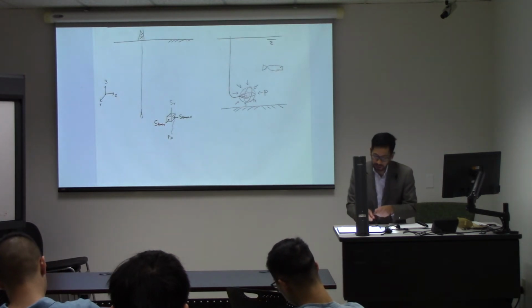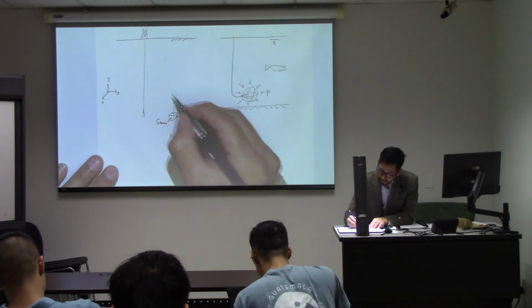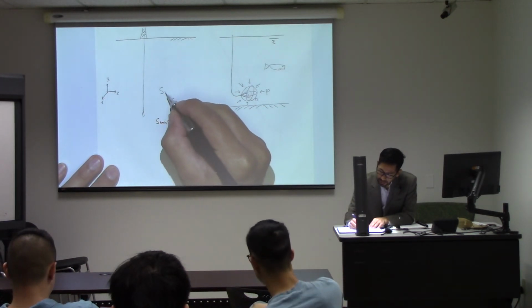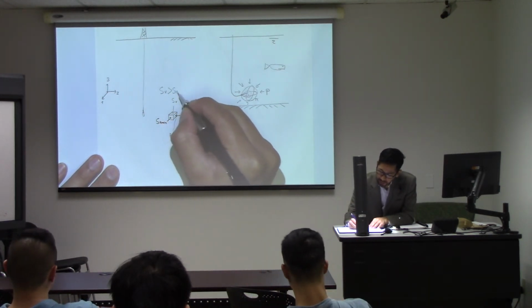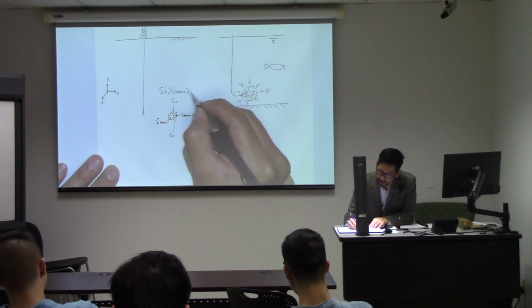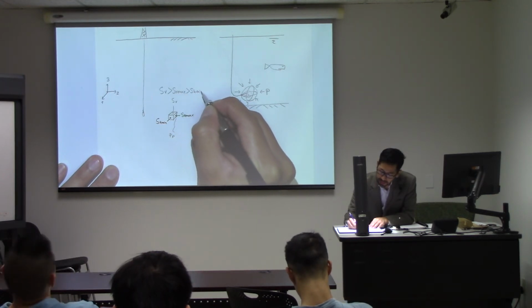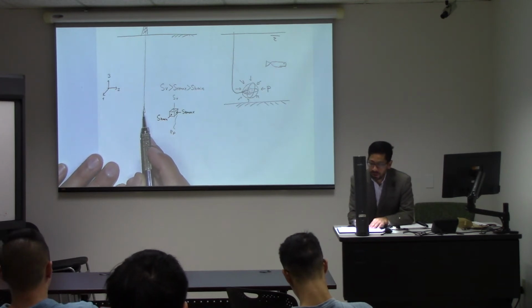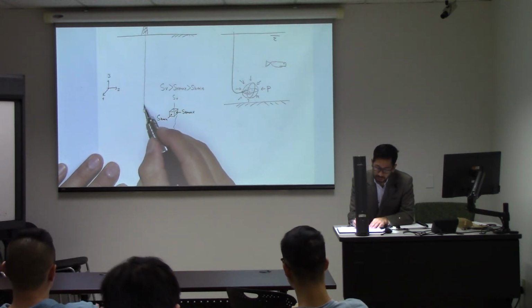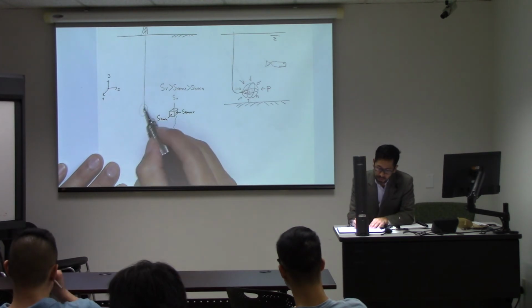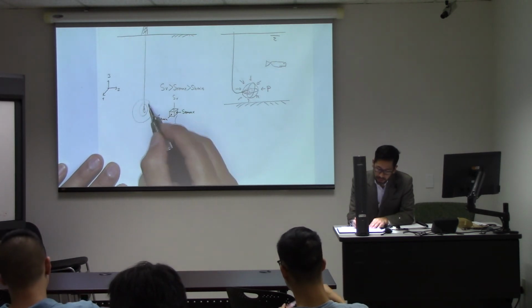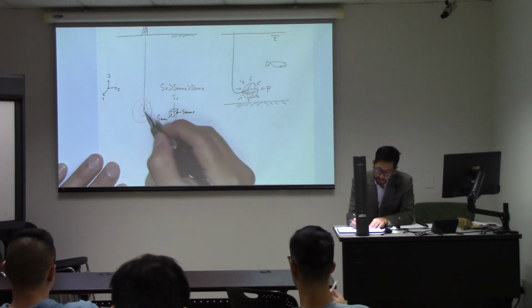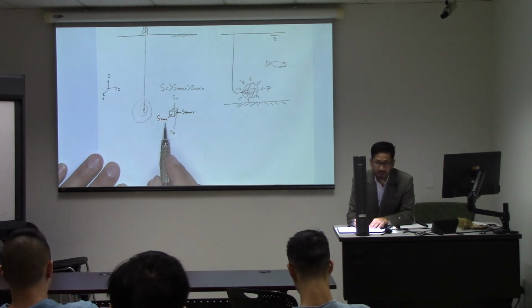And if I further assume in this case that SV is higher than SH max and higher than SH min, the balloon is going to open like a disc and it's going to grow preferentially perpendicular to the minimum principal stress.